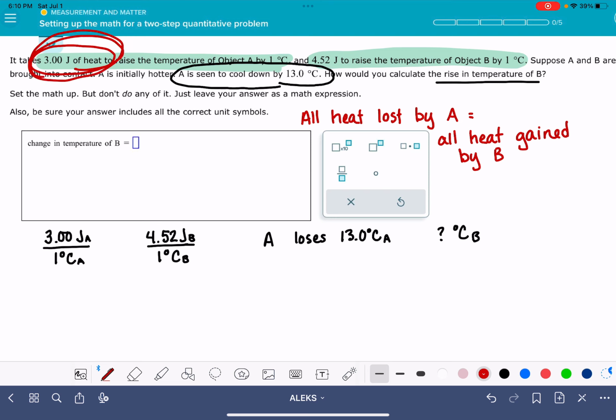Celsius is temperature, not the same as heat. So all of the heat in units of joules lost by object A is equal to all of the heat in units of joules gained by object B.